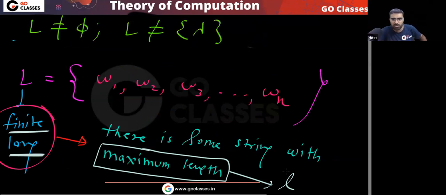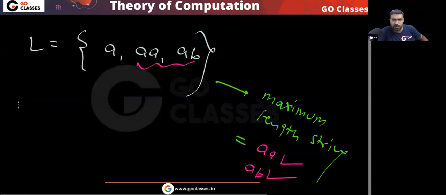So what can you say about this maximum length string? In this language, this maximum length string will definitely have length greater than or equal to 1. Yes or no? For example, consider this language also.